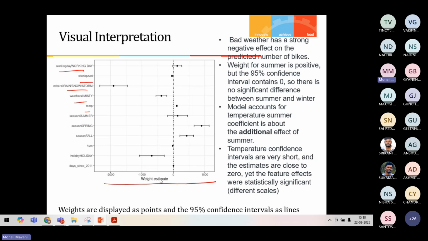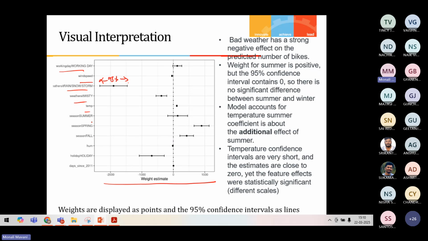This is the weight estimate with the points, and we have this 95% confidence interval, to see whether this weight has any statistical significance or not. So we are also trying to understand the statistical significance of all the weight values.